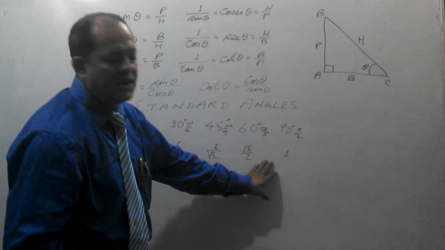Taking LCM as H square, it will be P square plus B square, and as we know P square plus B square by Pythagoras theorem is H square only, so it gets cancelled, which is equal to 1, which is the RHS.